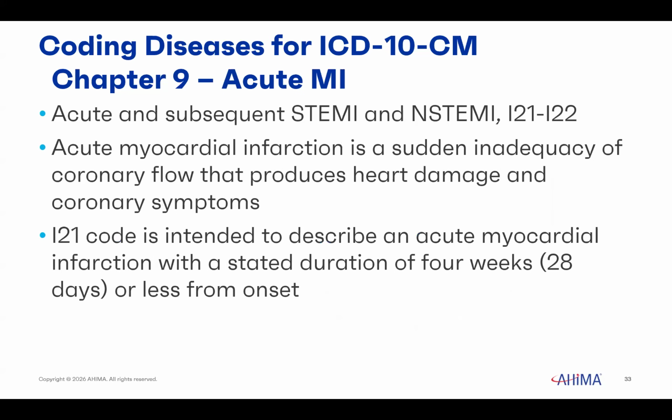Now back to acute myocardial infarctions, or AMIs, for a moment. A heart attack basically is sudden and damages the heart. And again, frequently we have people who have more than one heart attack. We use a code from the code category I21 if it happened within 4 weeks.